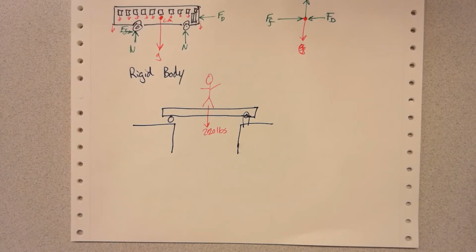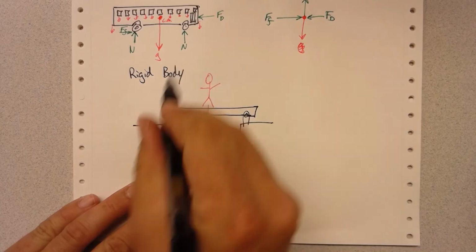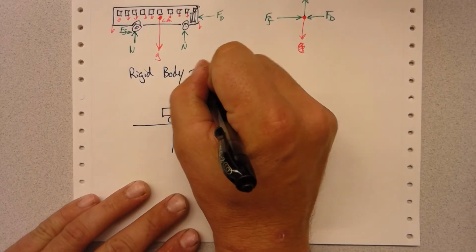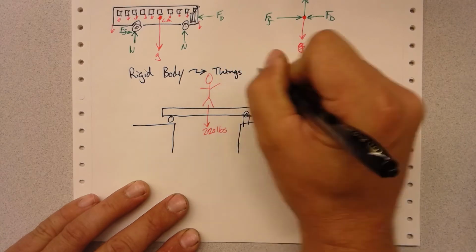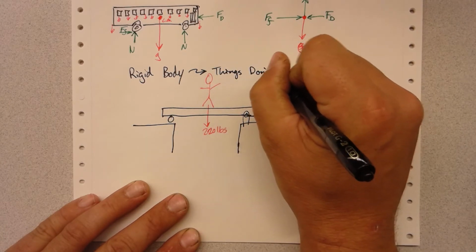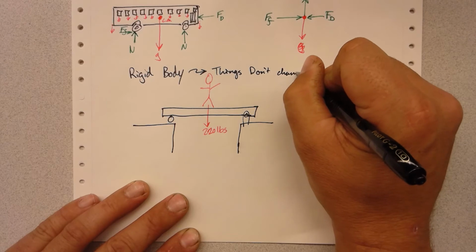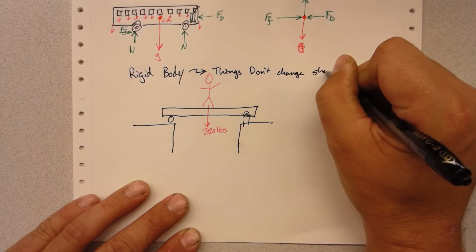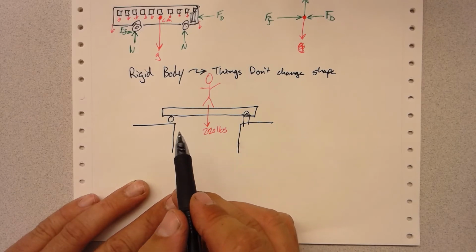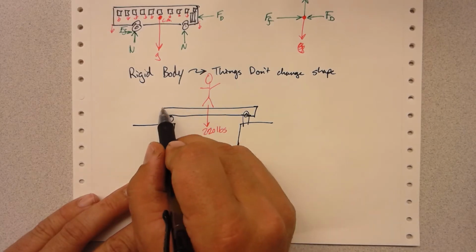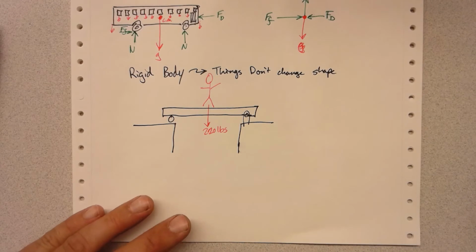Okay? So in a rigid body, the rigid body assumption says that actually this is a dirty, rotten lie, but we're going to say things don't change shape. Why is this okay? Well, let's say it's actually just a 2x4 on edge that I'm standing on. It deflects, but not a whole lot, right?